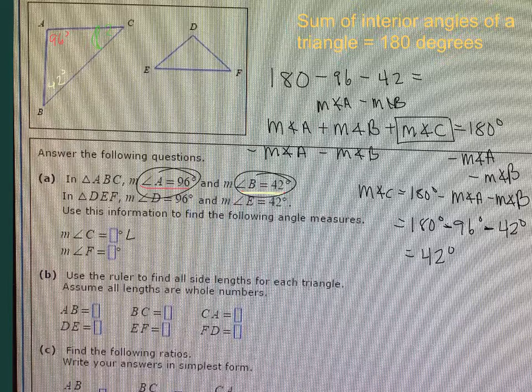What's really great about this scenario is that these two angles are exactly the same, and these two angles are exactly the same. So that means this is also 42 degrees.